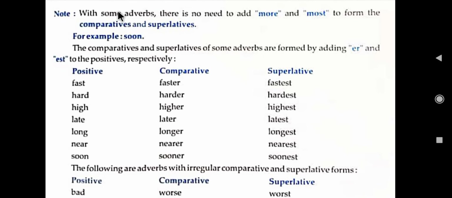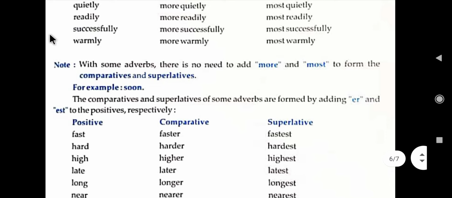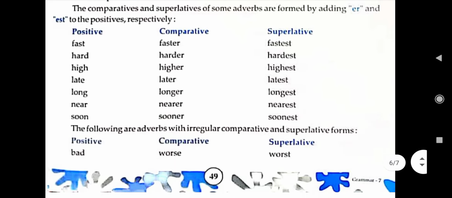With some adverbs, there is no need to add more and most to form comparative and superlative. So above, we have learned that warmly takes more and most. But there are a few adverbs that don't follow the same pattern. So what are those words? Fast, faster, fastest. We never say more fast, most fast. Hard, harder, hardest.